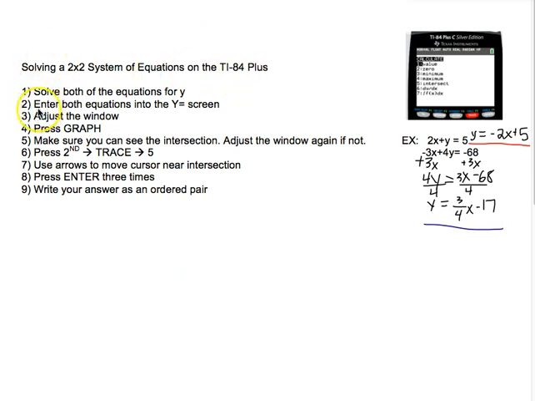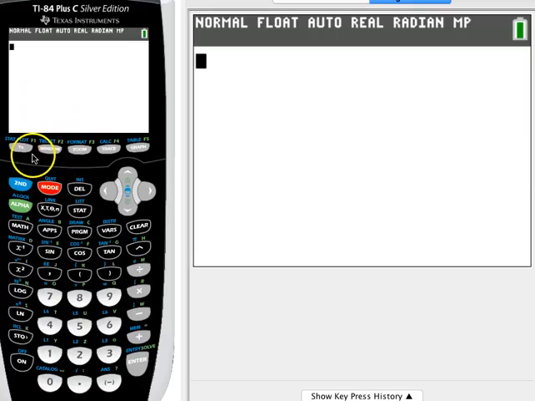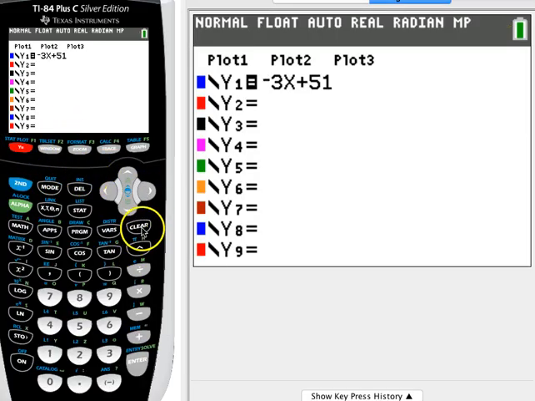Step 2, we're going to enter both of those equations into our y equals screen. So I go over to my calculator here, hit y equals. I've got an old equation in there that I cleared out. So now I'm going to type those both in. I've got negative 2x plus 5 in my y1, and then I go down to y2 and I enter 3/4.